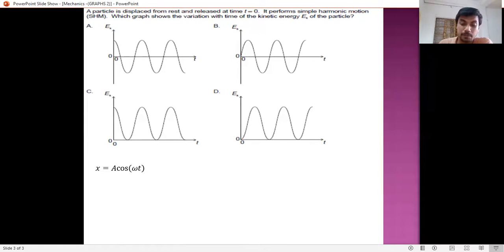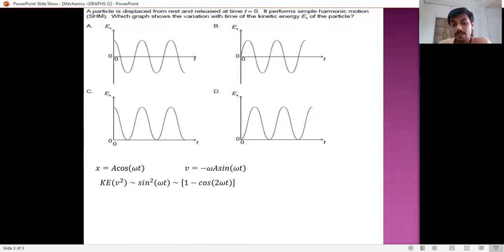If you have the position to be something like this, and that's because it's being made to oscillate after being displaced from its equilibrium position, that means it's a cosine function. The displacement time graph is looking like that. So obviously the velocity will look something like this. This has got to do with a bit of application of calculus over here. So if you are okay with that, you can do it by differentiation.